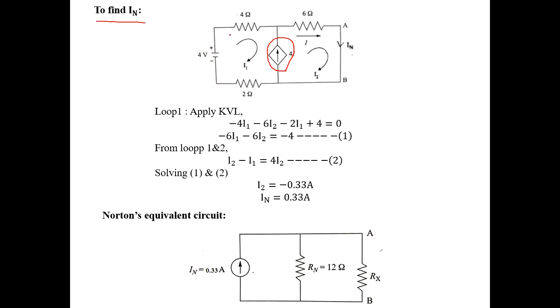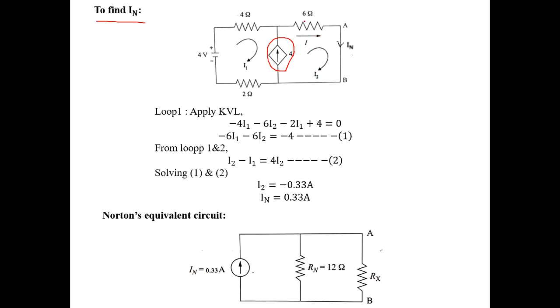We know that this is the resistance voltage drop. We can write -4 into I1. Here -6 into I2, because the current given in the problem is I, but we choose the current flowing through this loop as I2.